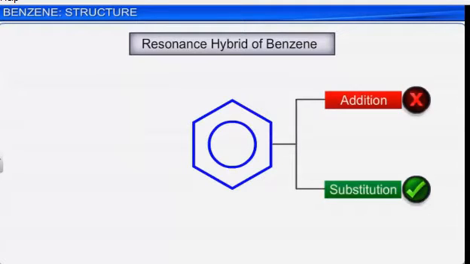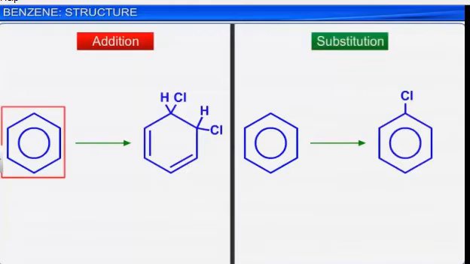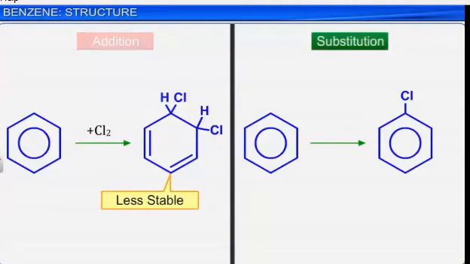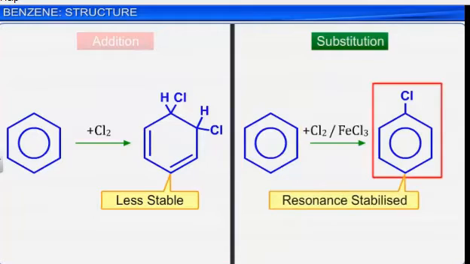If benzene undergoes addition reactions, it loses its stability, as the product formed is not resonance stabilized and hence is less stable. On the other hand, if benzene undergoes substitution reactions, the resonance stabilized benzene ring is preserved in the product too. Therefore, benzene undergoes substitution reactions.